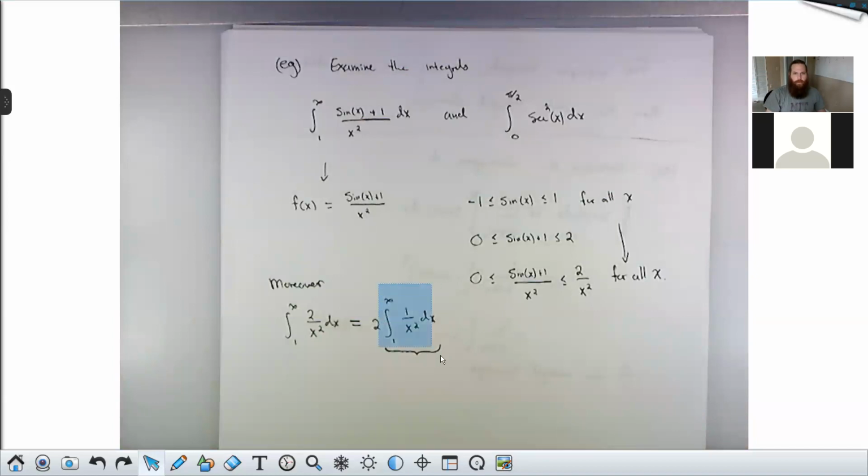But this integral right here, 1 over x squared dx, that's a special kind of integral. What kind of integral is that? It has a name. We talked about it on Wednesday. Yeah, it's a p integral.